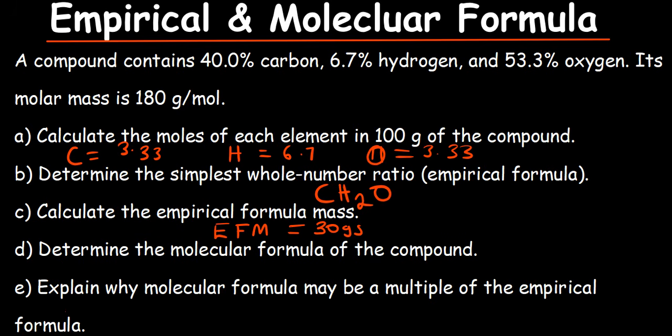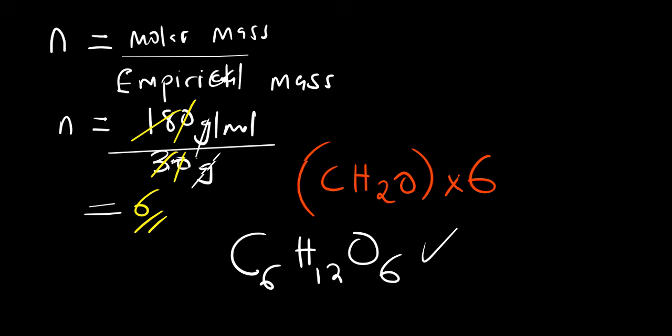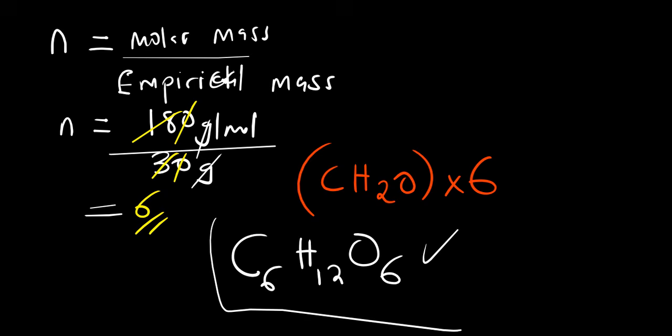So this one is the actual. That's why the molecular formula may be a whole number multiple of the simplest ratio, and we have to multiply. So basically that is the reason.